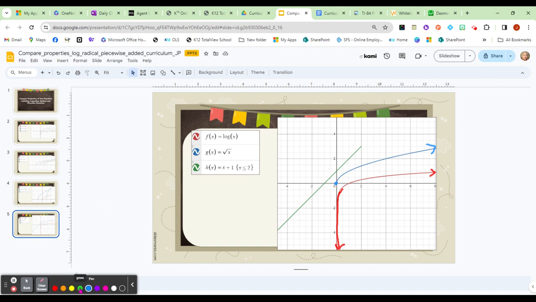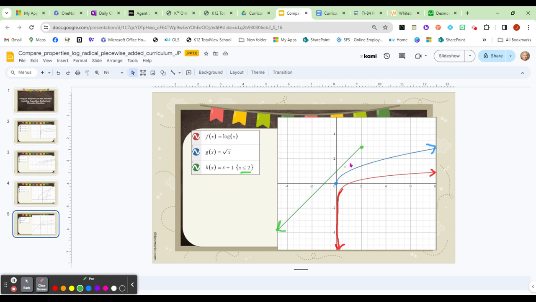It's actually a piece of a line. It's the piece where x is less than or equal to 2. So it actually has a closed circle on this end, and it would go on forever and ever because we're collecting this graph where all the x's are less than or equal to 2. So that would go to negative infinity. So this graph would have an endpoint on the right side and an arrow on the left, so that it would be similar to the radical function, the blue graph.